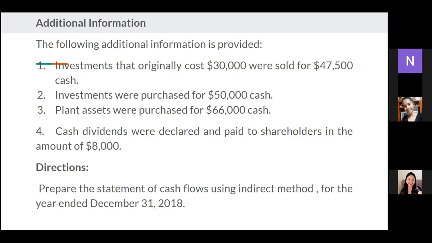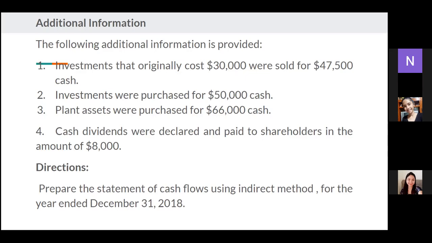So, the requirements or the directions of this problem is prepare the statement of cash flows using indirect method naman. Kasi kanina, gumamit na tayo ng direct method. Wherein dito sa may indirect method, magagamit na natin yung net income na compute natin kanina.